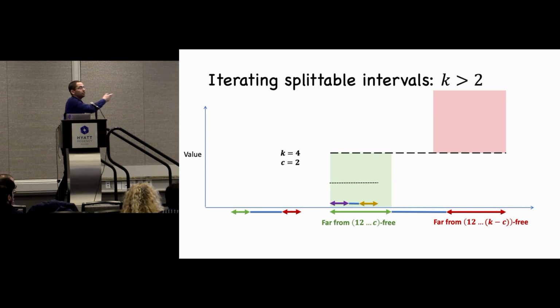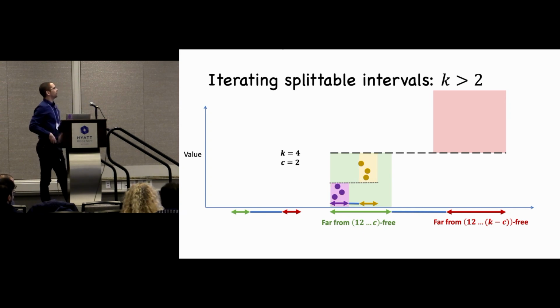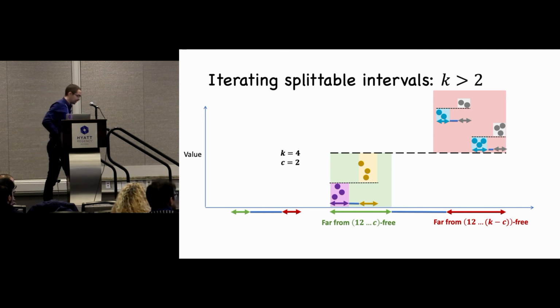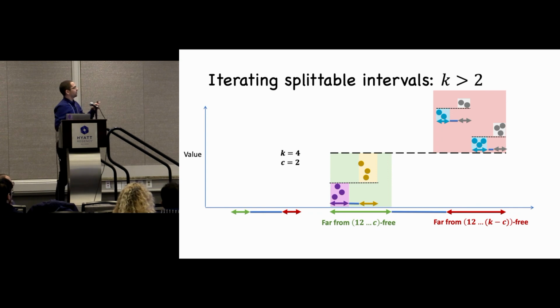So we can iterate this argument, and more or less the structures that we will see look something like this. So in the left part that is dense with 1-2 copies, it can be split into intervals that are dense in themselves in 1s and 2s, and same for the right side. And also all the values in the right side are bigger than all the values in the left side.